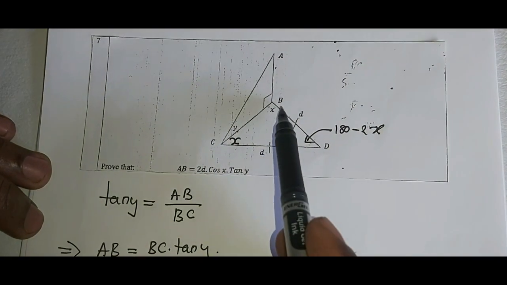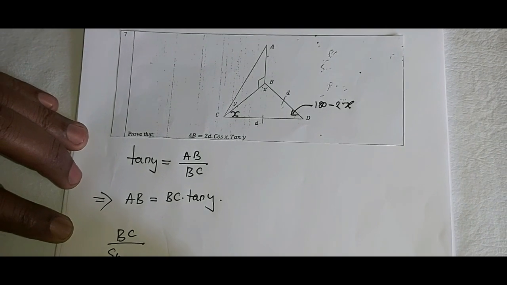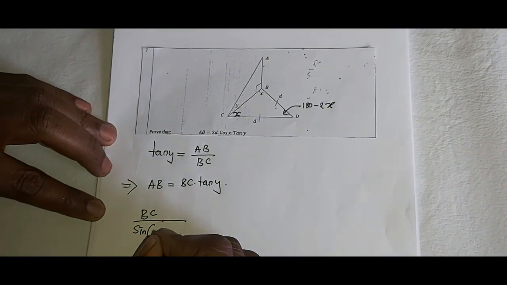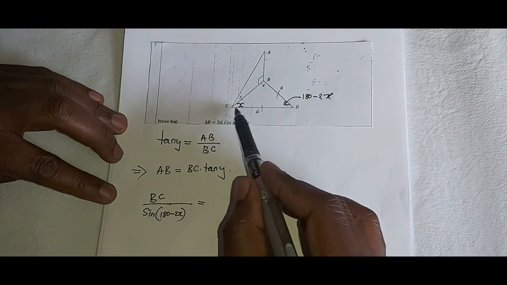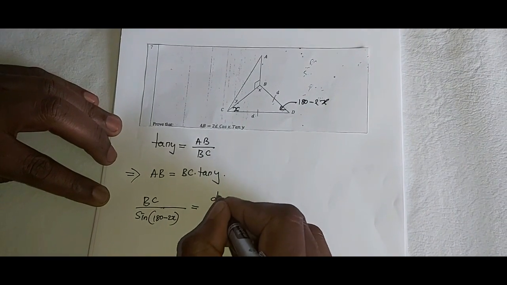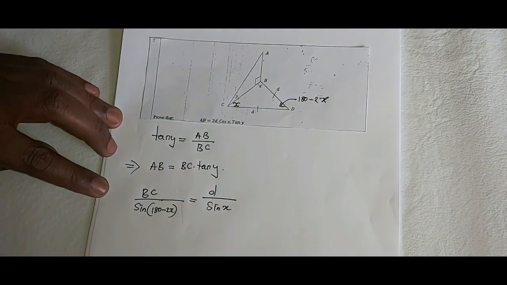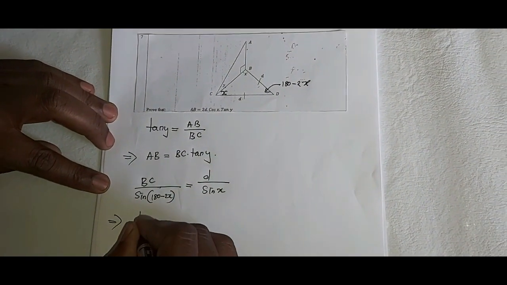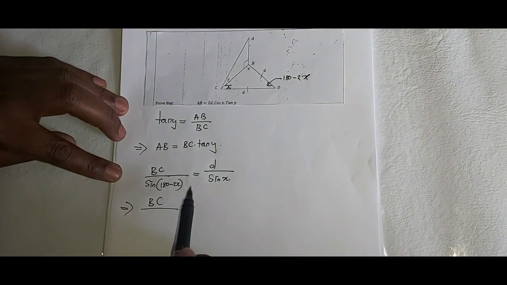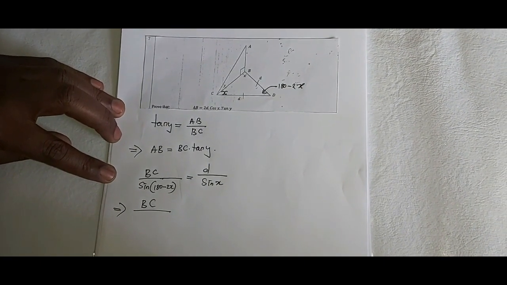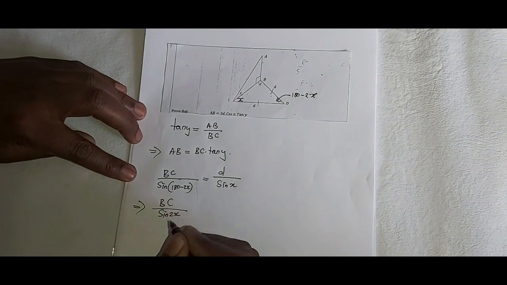That is to say, BC over sine of (180 minus 2x) is equal to this side, that is side D, over sine of x. 180 minus 2x is in quadrant 2, where sine is positive, so it becomes sine of 2x.